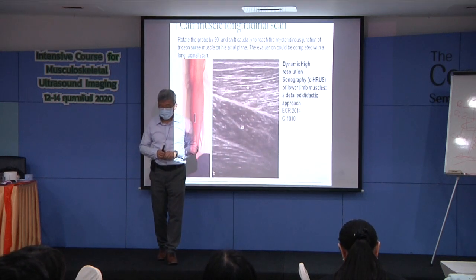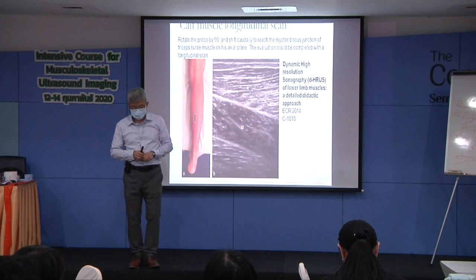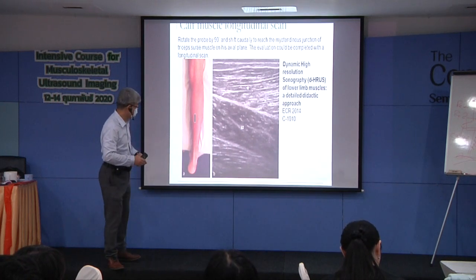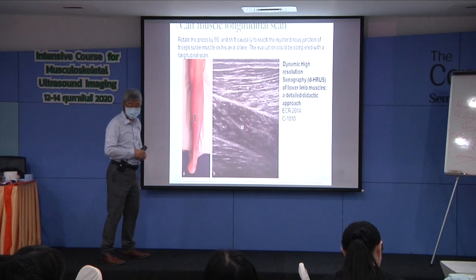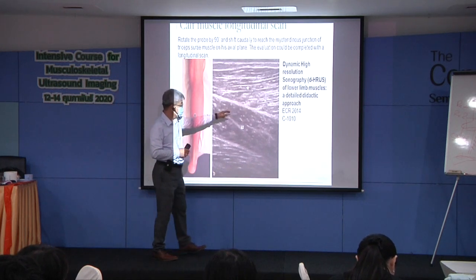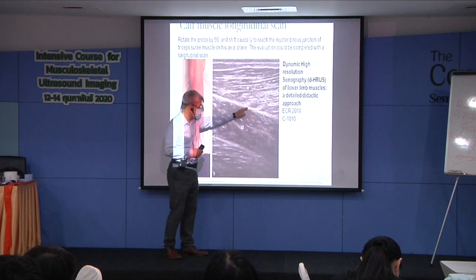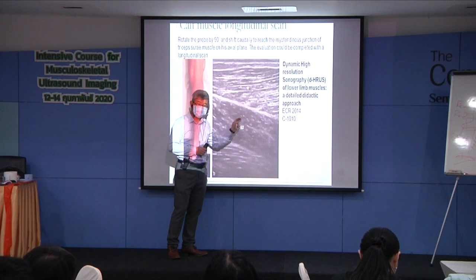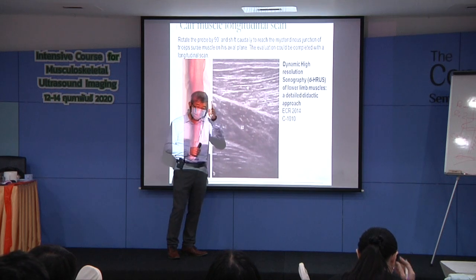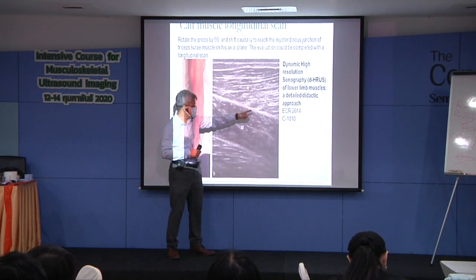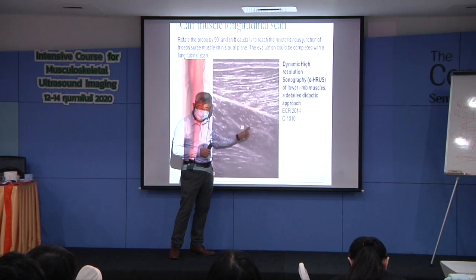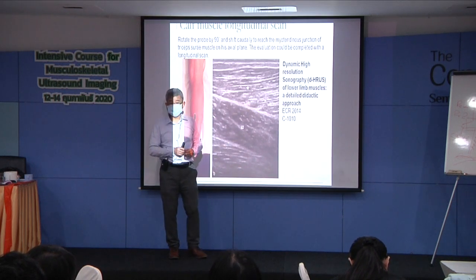I replied, dear sir, blah, blah, blah. According to my experience, it is not possible because the alignment of the gastrocnemius and the soleus is not parallel to each other. So there is no way to use one window to look at the pennation angle in the gastrocnemius and the soleus at the same time.